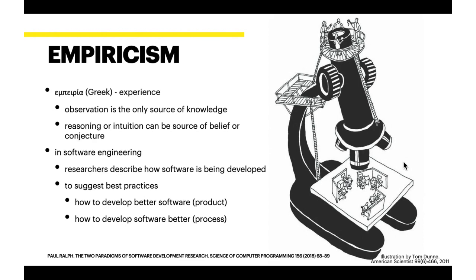And if you look carefully, you also see a ruler that one of those researchers is holding. And this is because empirical research often requires measuring things, measuring projects, measuring processes, measuring people. This will also be an important part of our discussion.